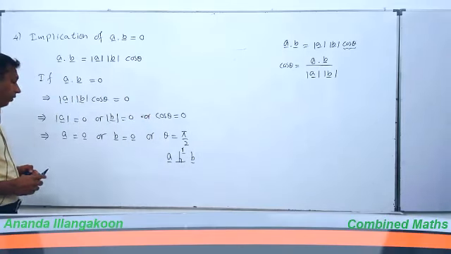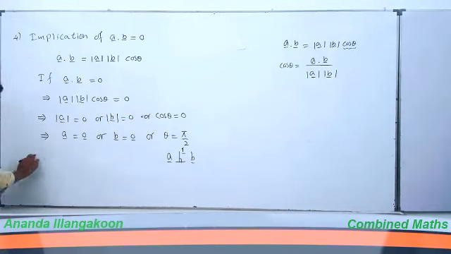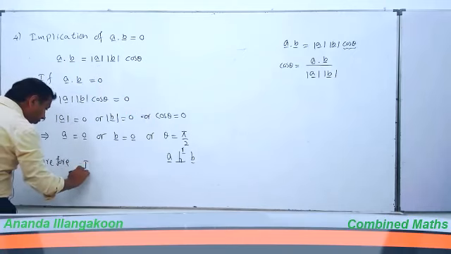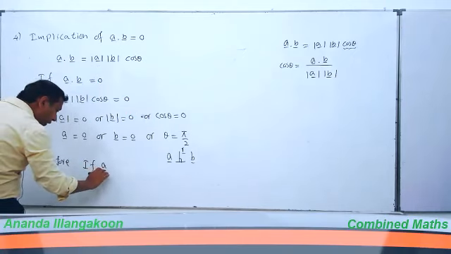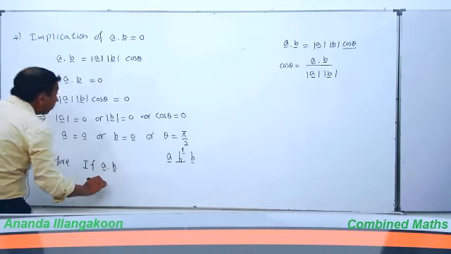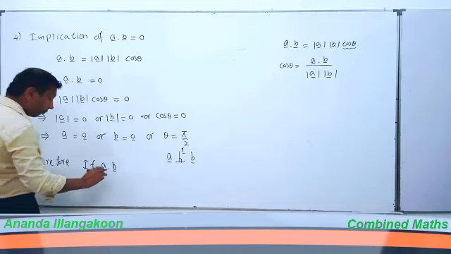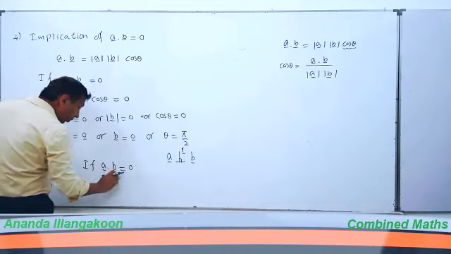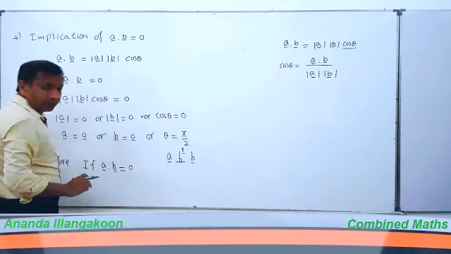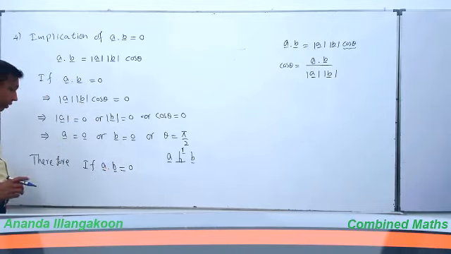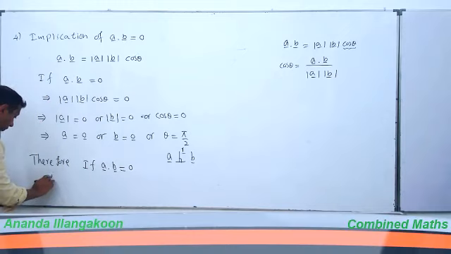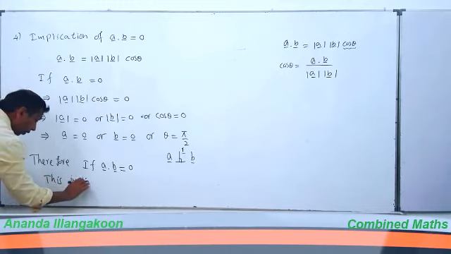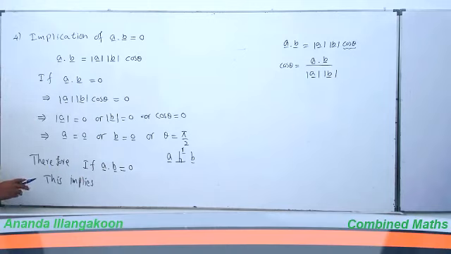So therefore we can write the result. If A vector dot B vector is equal to 0, this implies three possibilities. What are the possibilities?